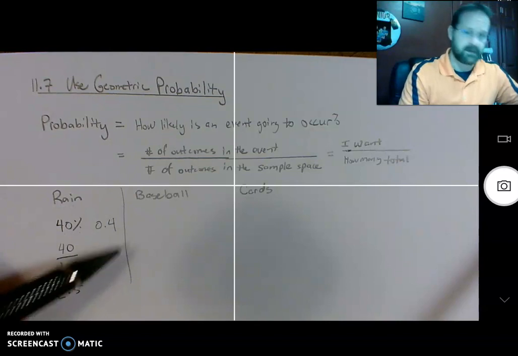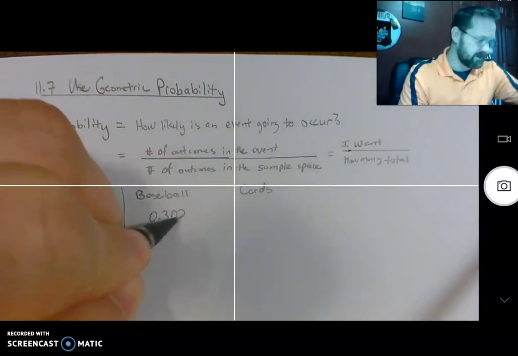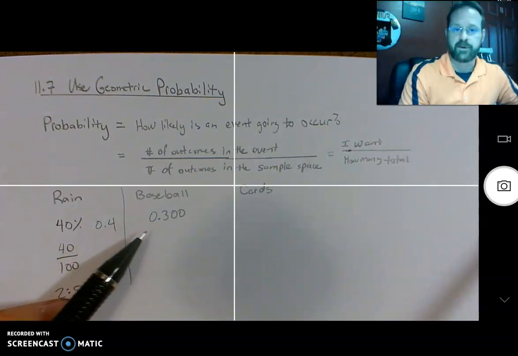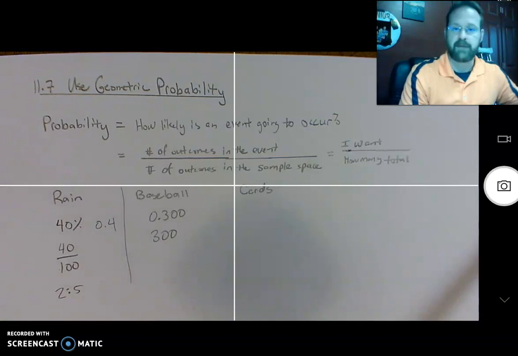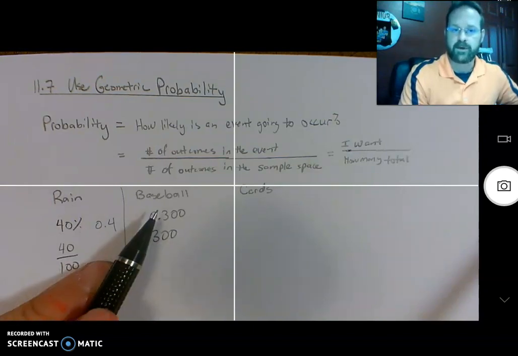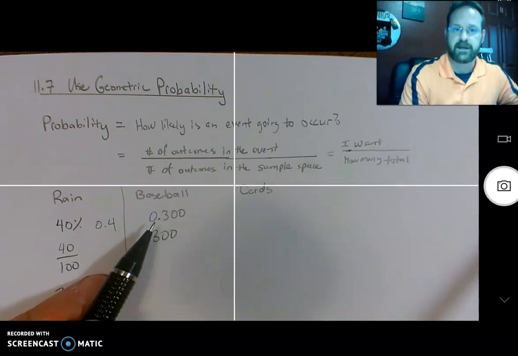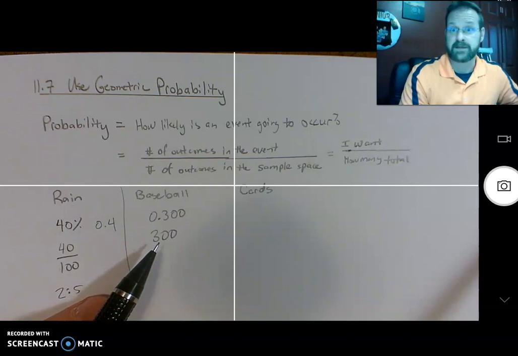Whereas, let's say we had a baseball average of 0.300. We could also say he has a batting average of 300. How do we go from this to this? In baseball they often convert it because they swing the bat so many times. They convert it to at bats.